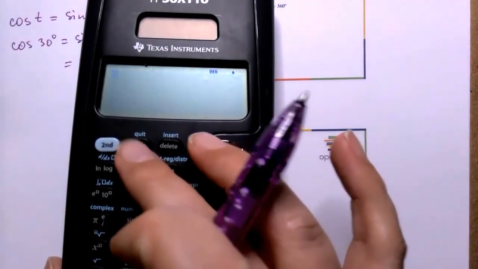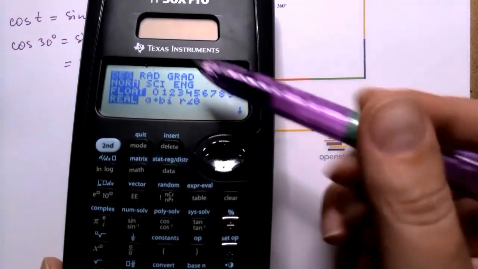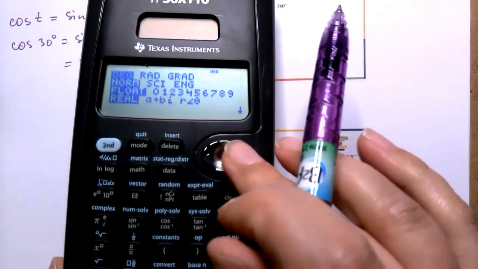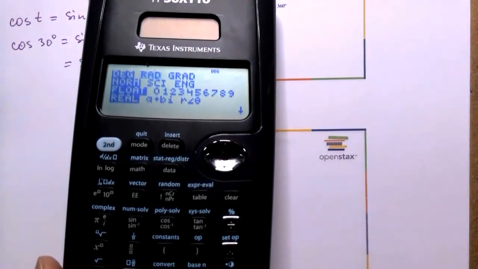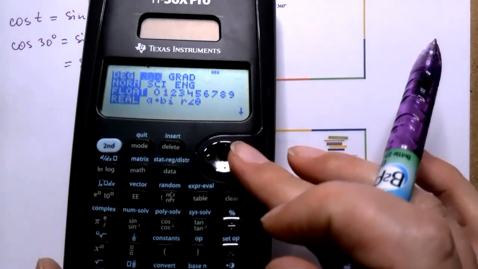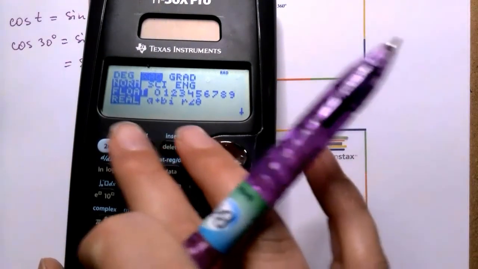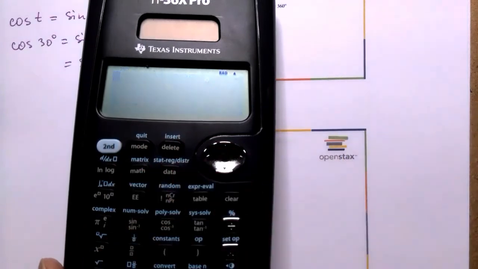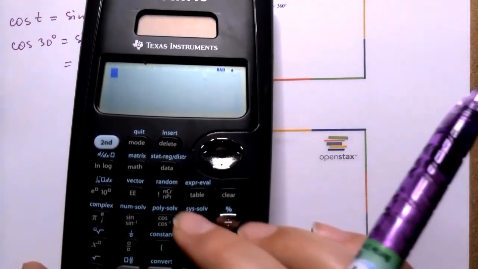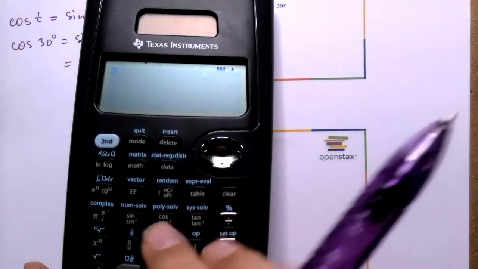And here you have a button called mode. So take a look. Right now it's in degree mode. So we need to switch it to radians. Use the arrows to highlight what you need and enter. So now it's in radians. Quit this window. Now we can use radians. And on this calculator, your trig functions are right here.